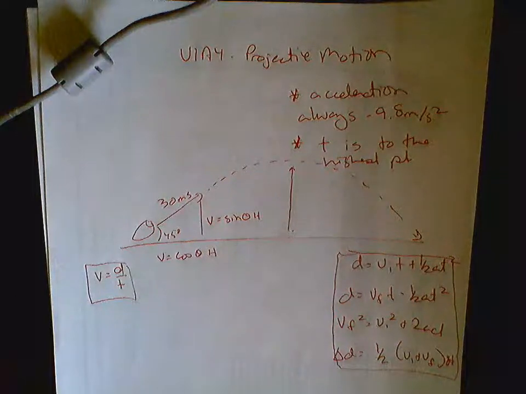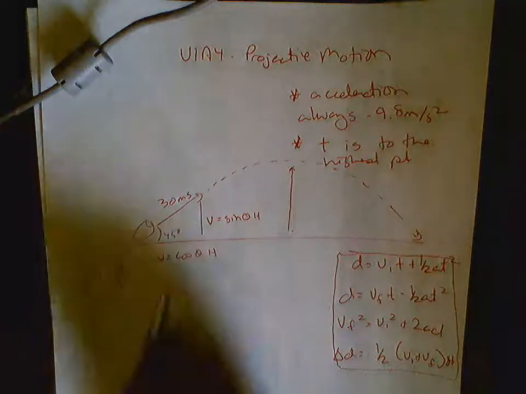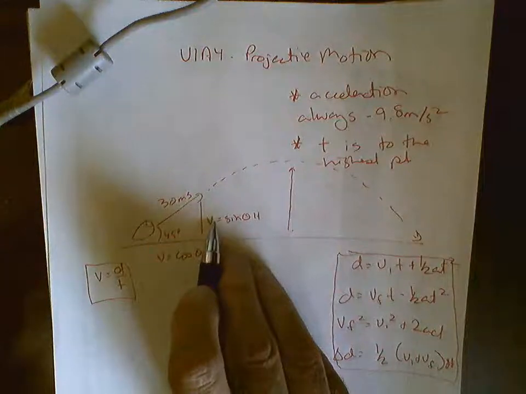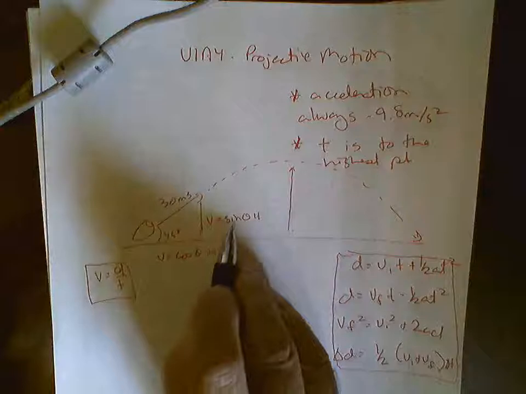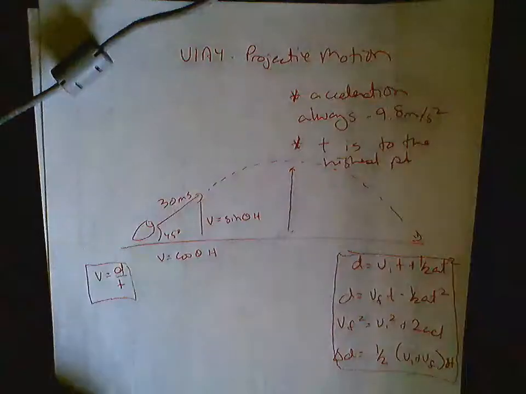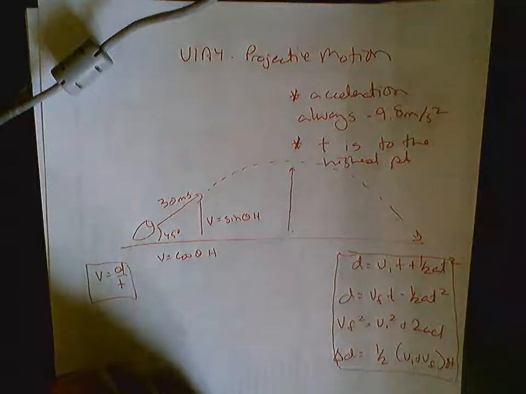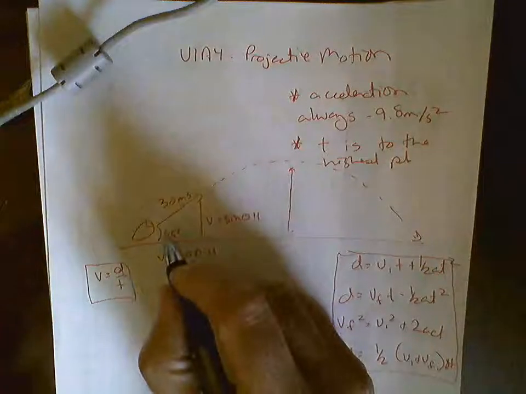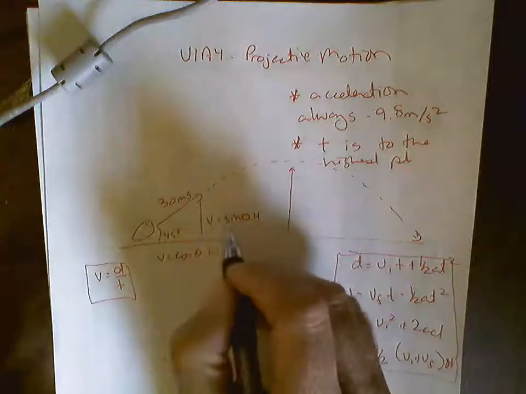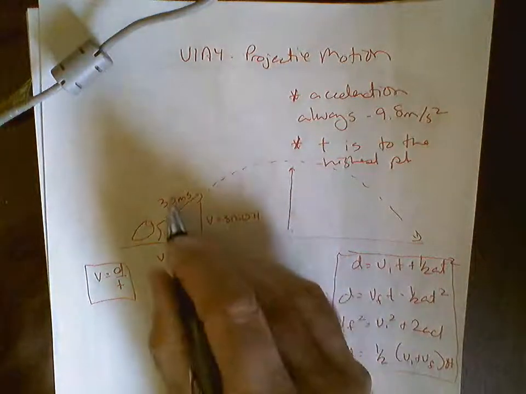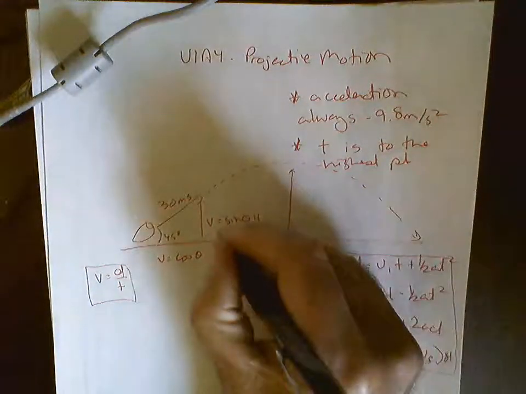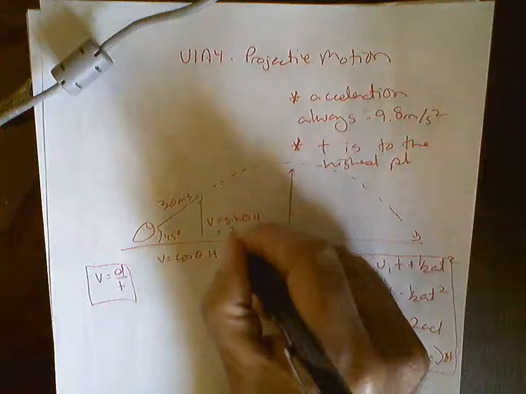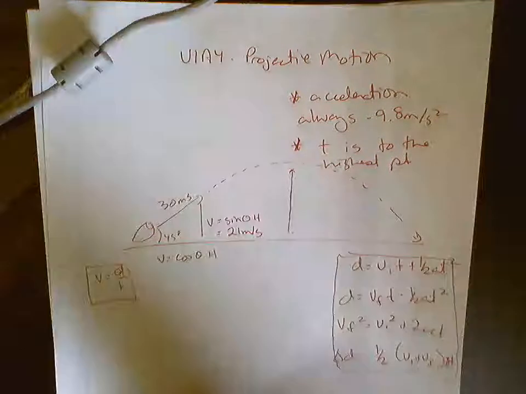Next reminder, we need to get the velocities into the y and x axis. This velocity is on the angle. We need to split it up into y and x, and these are the formulas you're going to use. So we have a cannonball shooting off at 45 degrees, so sine of 45 times the hypotenuse is going to be equal to about 21 meters per second.